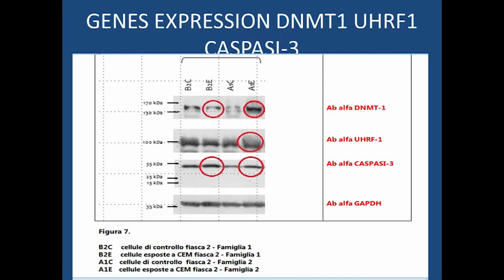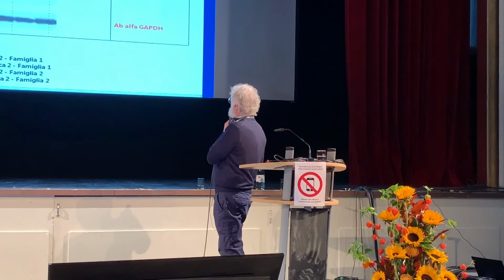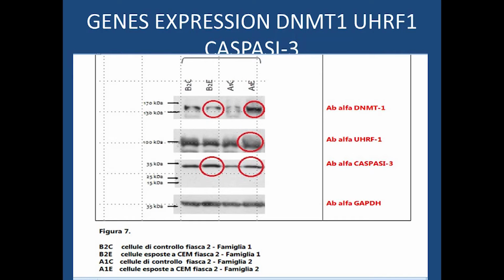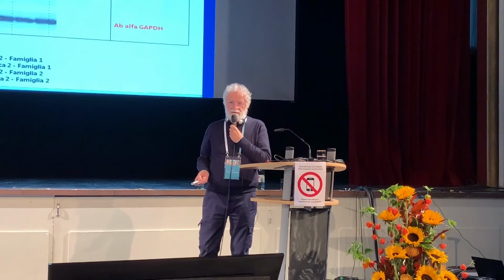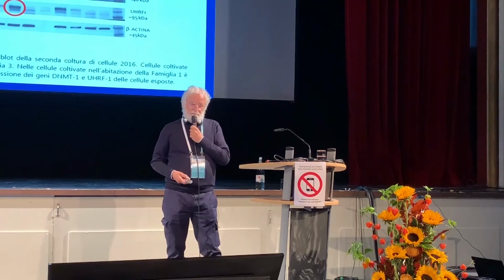Next one. This is the gene expression of different genes, the N-methyltransferase, UHRF, and caspase, which is the death gene, which are more expressed in the exposed cells, and less present as a controller gene in the control cells. Again.